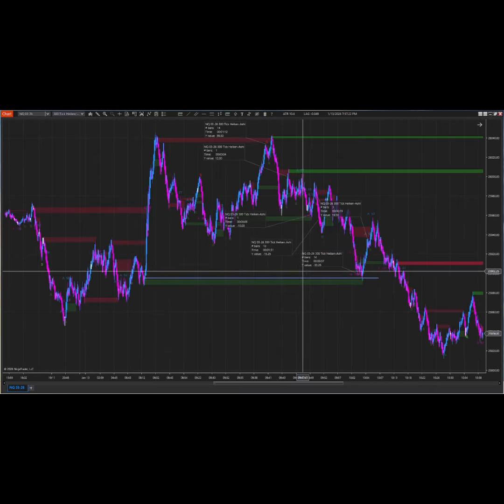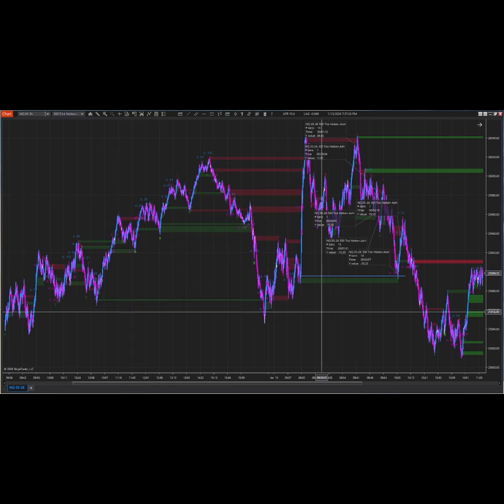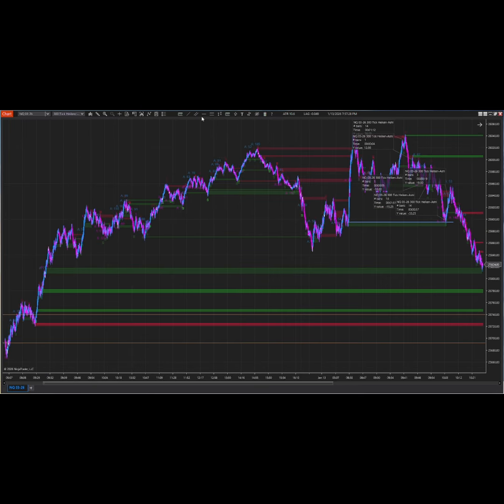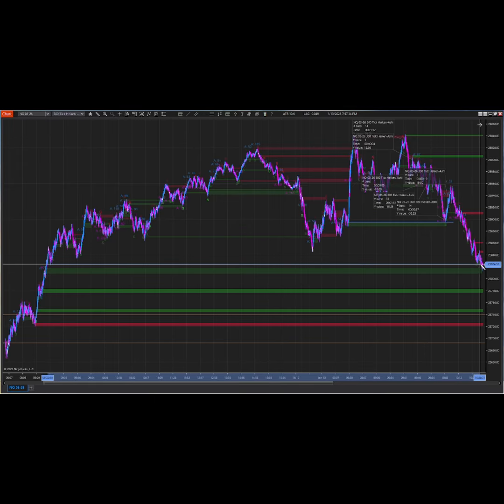Here, see if there was another zone below. There is. Okay. So let's draw our line, create a cross. Okay. And draw another line. This one I could tell hasn't been hit. Doesn't matter.